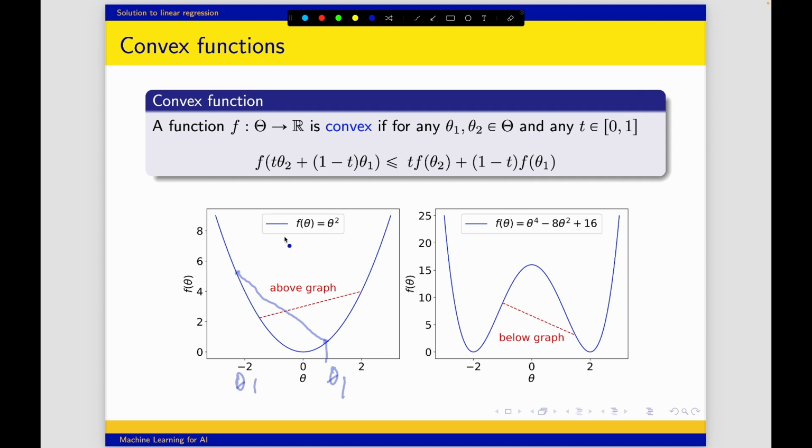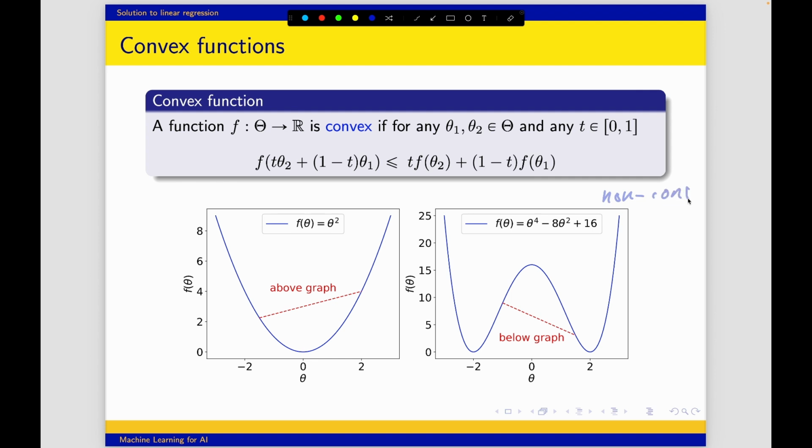And that's true for any 2 thetas that I picked within some set theta. So in this case, f of theta equals theta squared, we have a convex function. So this is what I mean by curves upwards, right? It's a function that curves upwards. In this case, we have a non-convex function. So this is non-convex.